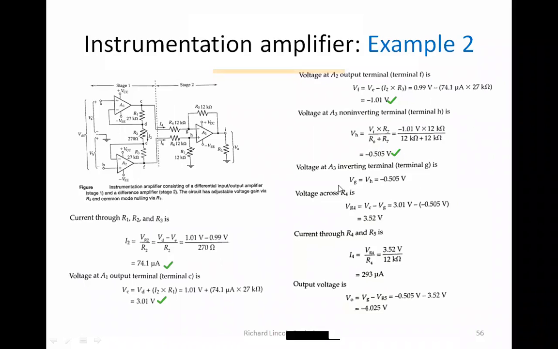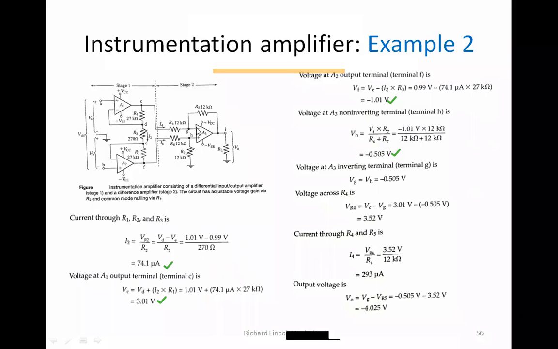Okay. So similarly, the voltage at the A3 inverting terminal is also going to be the same, minus 0.505. Now I calculate the voltage across R4. So VR4 is equal to VC, because it's coming from here, VC value is known to me, minus VG.